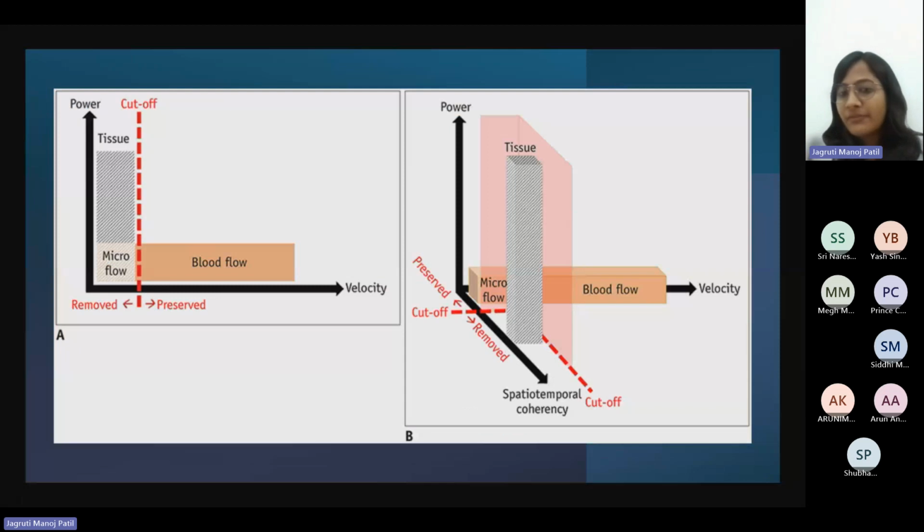I won't include more jargon over here, but just to give you an overview of what different kinds of filtering techniques can do.